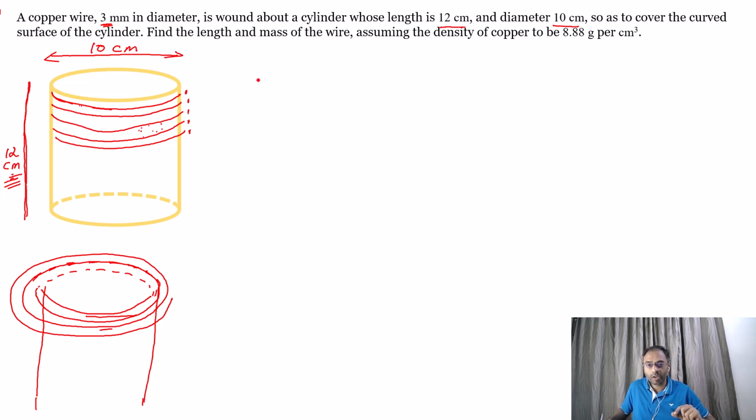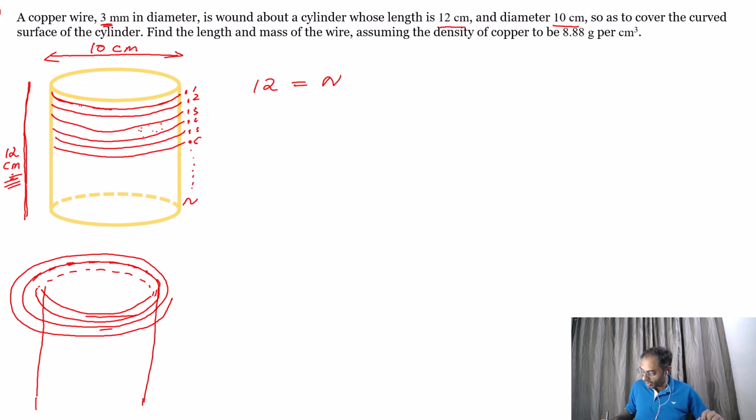If you have 12 centimeters of length, how many such rotations of the copper wire are required? We do not know, so let us assume it is n rotations. This is one rotation, this is 2, 3, 4, 5, 6, and let's say you have n rotations.